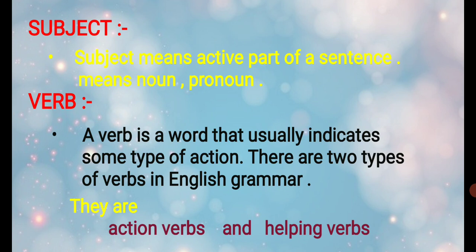Helping verbs are the verbs which help the main verb, or they also represent the verb when the main verb is not in the sentence. So which are the helping verbs? Have you remembered? We already learnt about the helping verbs in our previous lessons. Yes, is, am, are, was, were, has, have, had, do, does, did, etc. are the helping verbs, right?